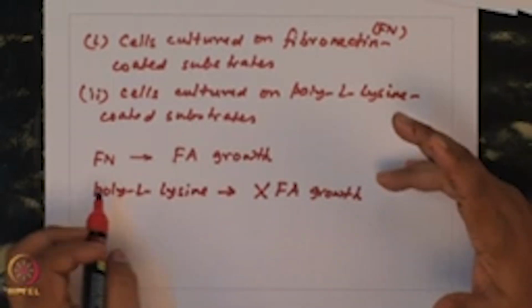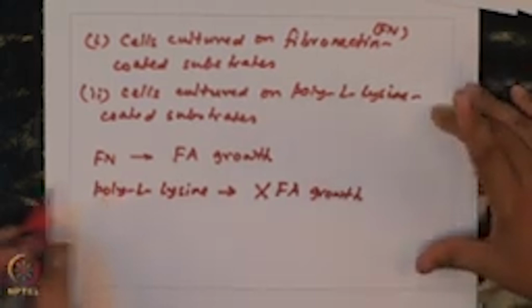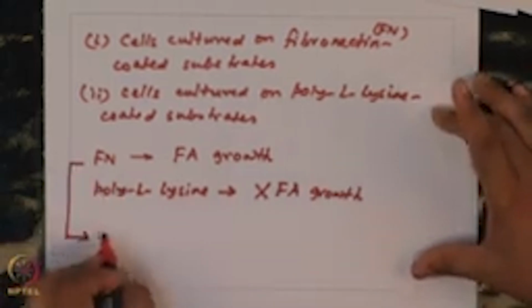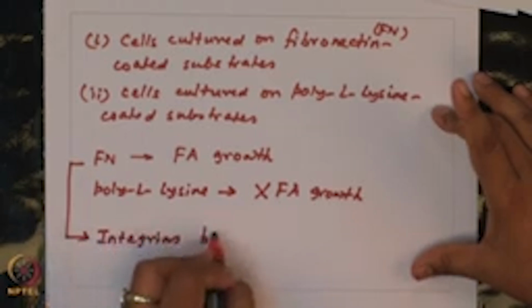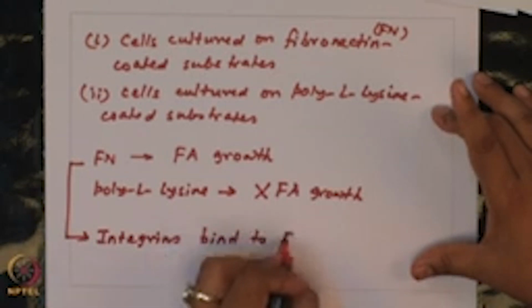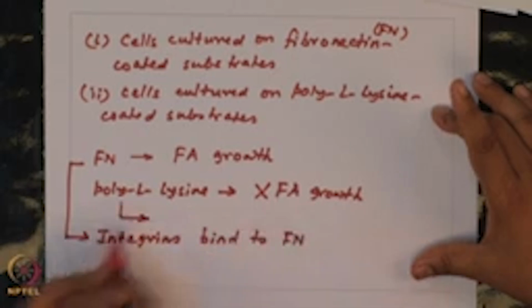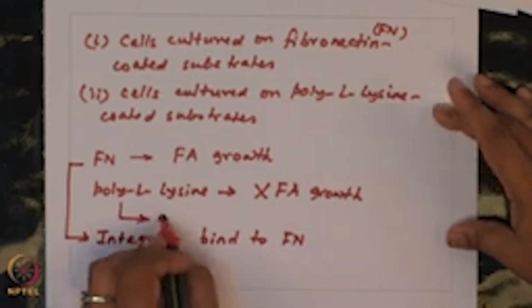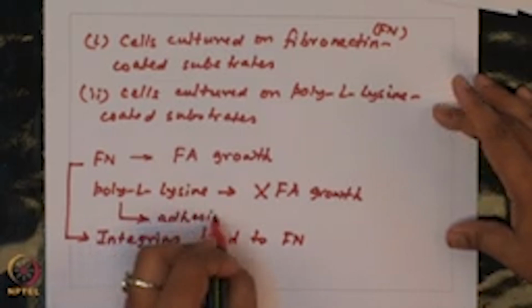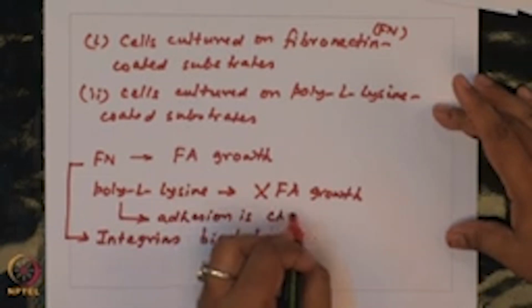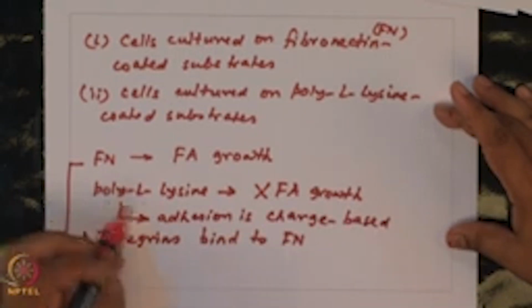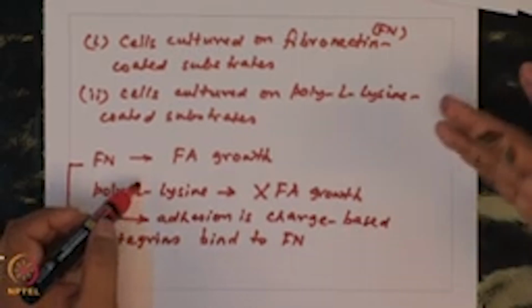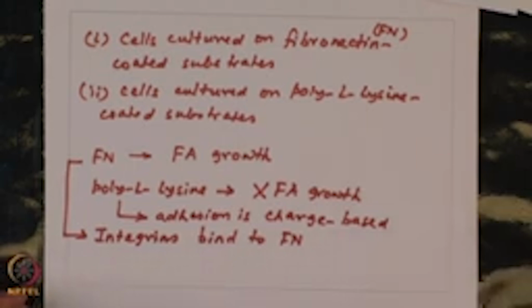Okay. So, this suggests, on fibronectin, integrins engage fibronectin, on polylysine adhesion is purely charge based. Because polylysine is positively charged, the plasma membrane is negatively charged. So, you just have charge mediated adhesion. Okay.